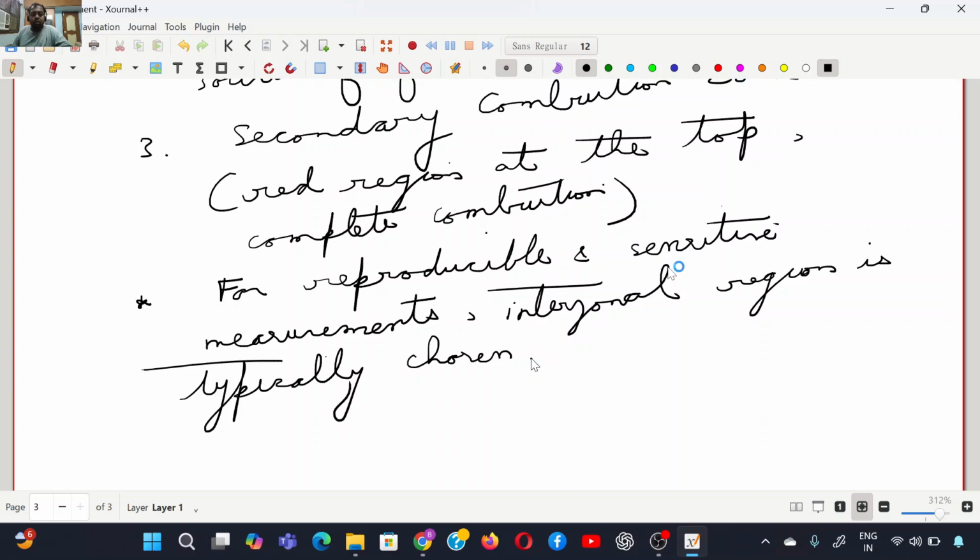Then we looked at various fuel oxidant combinations which influence the flame characteristics. And I told you that air acetylene is a standard one, while acetylene and N2O, that is nitrous oxide, is used for refractory elements. And I also talked about the flame zones and choosing the correct region, that is the interzonal region, is critical for sensitive detection.